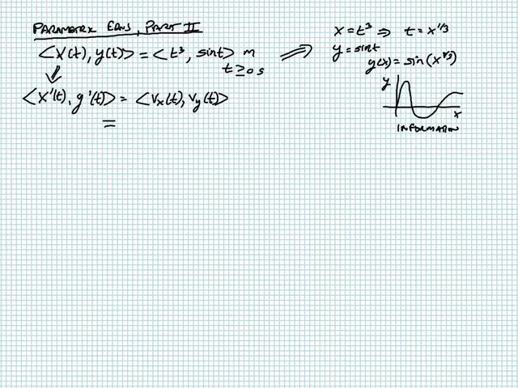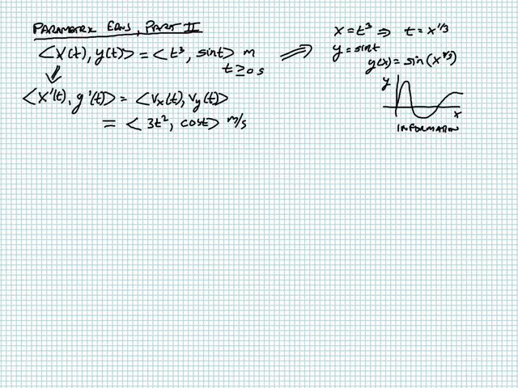All I need to do is look at each of my positions and differentiate each with respect to time separately. So my velocity components are the derivative of t cubed, which is 3t squared, and the derivative of sine of t, which is cosine of t. This gives me my velocity components in meters per second. And we'll see why that's useful in a moment.